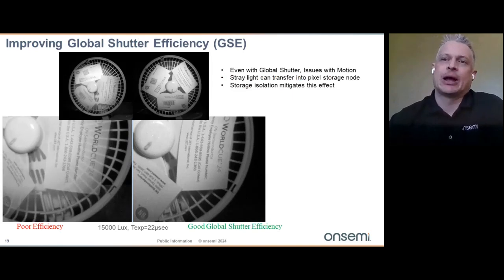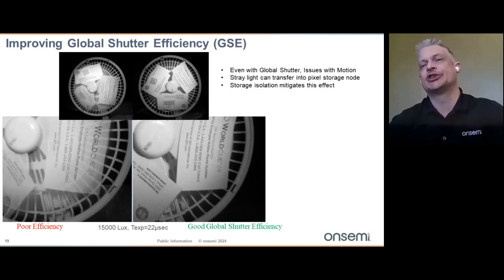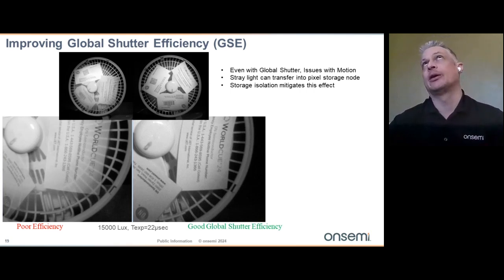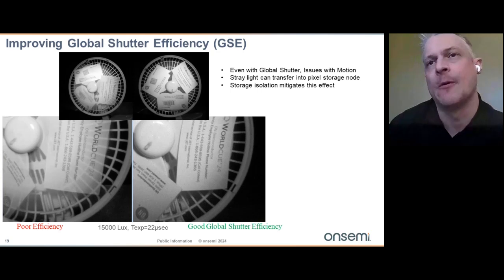And here's a good representation of what that looks like visually. You're seeing here on the left an image sensor with poor global shutter efficiency as a result of the parasitic light, and you're almost seeing a transparent business card here. Think about scanning barcodes, for example.